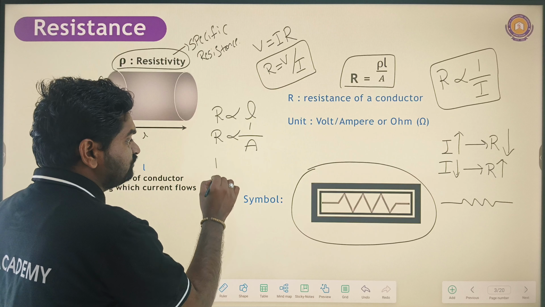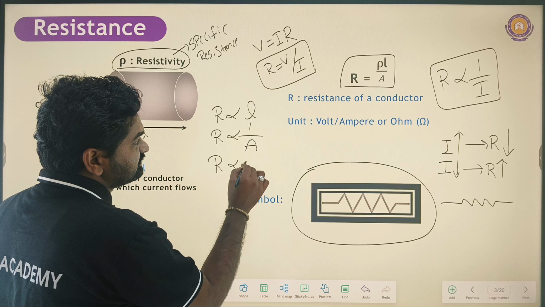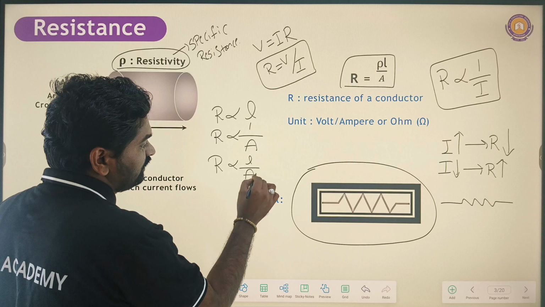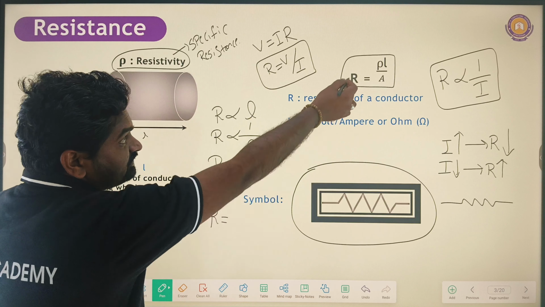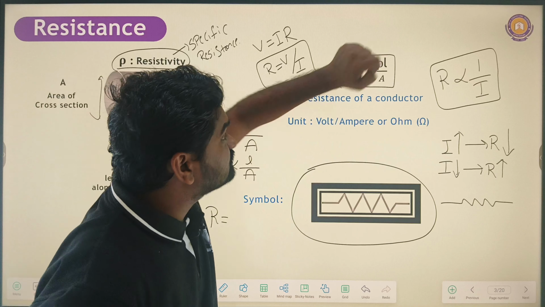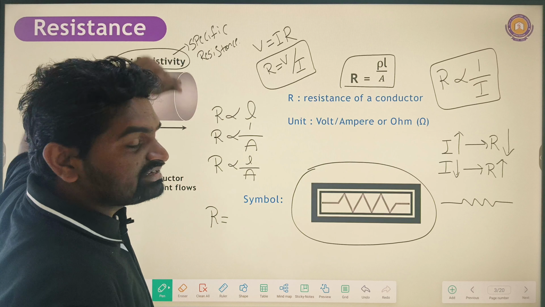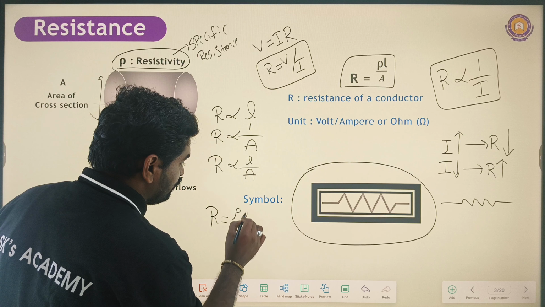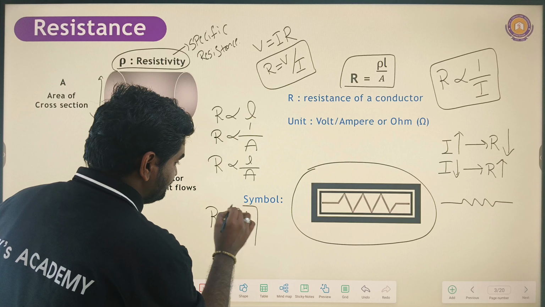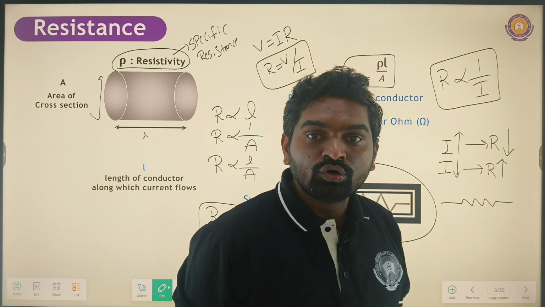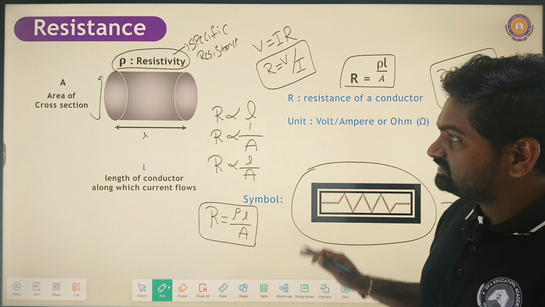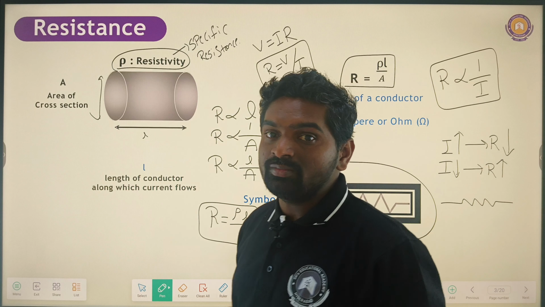Combining those two, R is directly proportional to L by A. We eliminate the proportionality by putting a constant value, and that constant is called resistivity. So R is equal to rho into L by A. This is the formula of resistance, the basic definition of resistance.